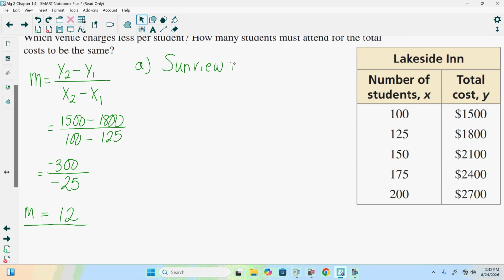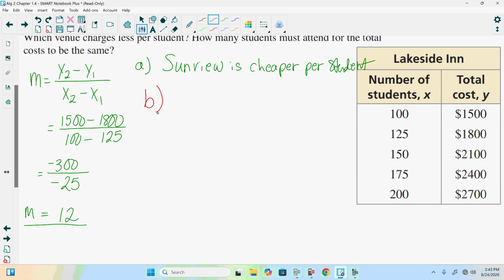Sunview is cheaper per student, because Sunview charges $10 per student and Lakeside's charging 12. So that answered the first part of the question.